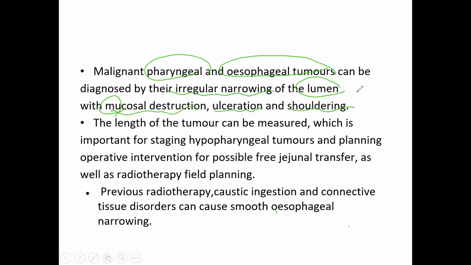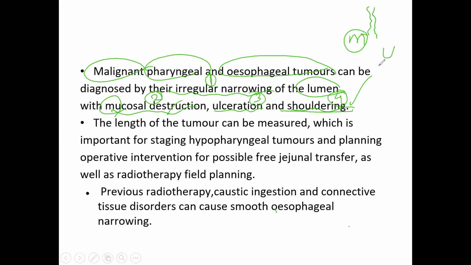These are very important words that every ENT student should know. So what is the malignancy showing? Number 1, irregular narrowing. Number 2 is mucosal destruction, the mucosa will be destroyed. Number 3 is ulceration.